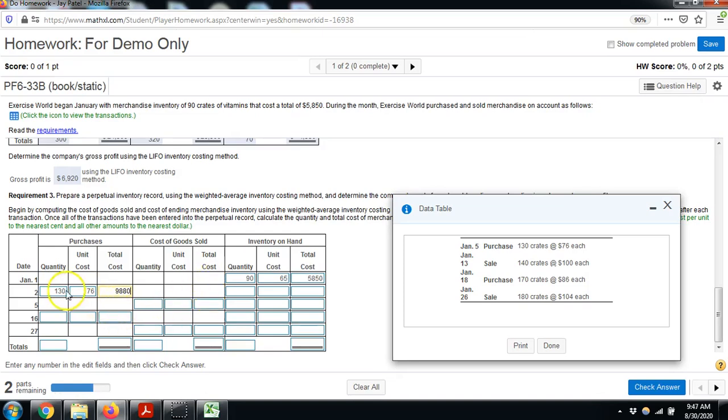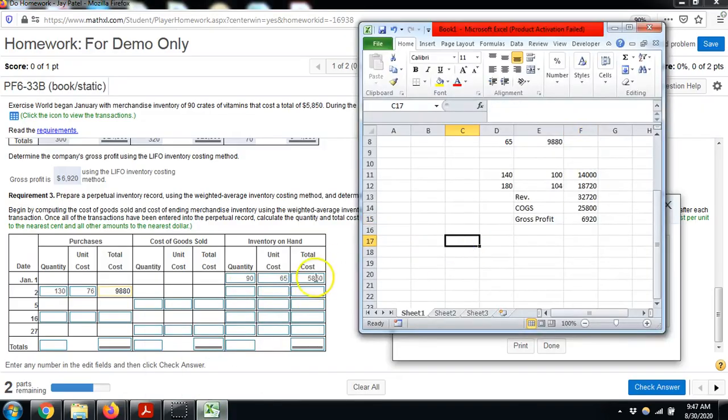Okay, so each purchase transaction in the weighted average method is going to basically trigger a recalculating of the weighted average cost. So how do we do that? We basically take the total cost of all the inventory, so this number plus this number, divided by the total number of units.